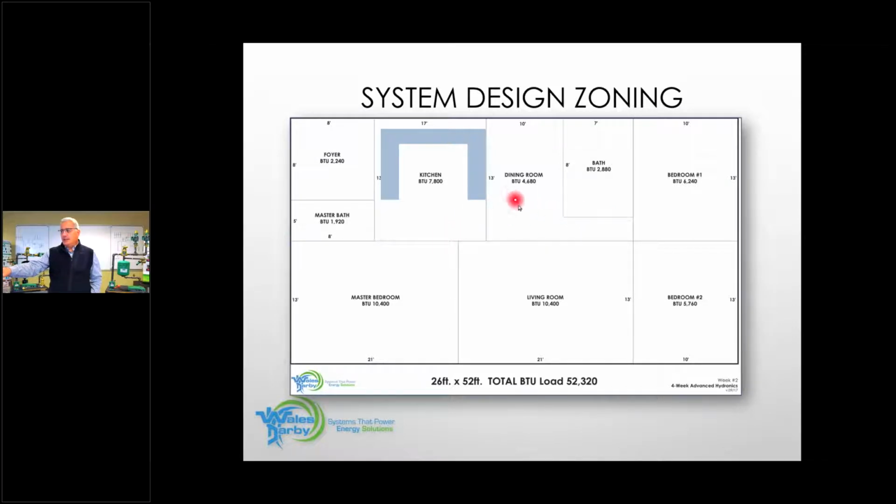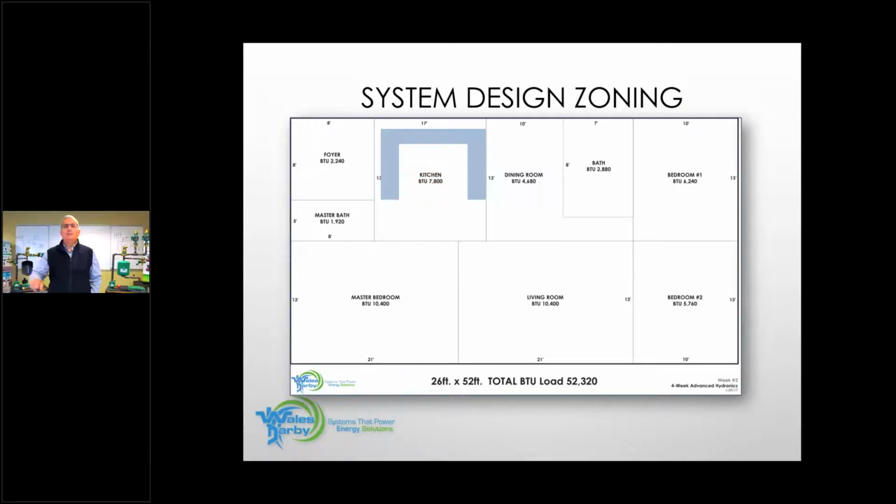Am I going to put it in this dining room area or this 1 bedroom? That means this bedroom down here is not going to be comfortable. These other rooms really won't be comfortable. And the kitchen's going to be a challenge. Gentlemen, those are cabinets. So somehow I got to get that baseboard in there, and I don't have a lot of room. So that kitchen's going to be a challenge.